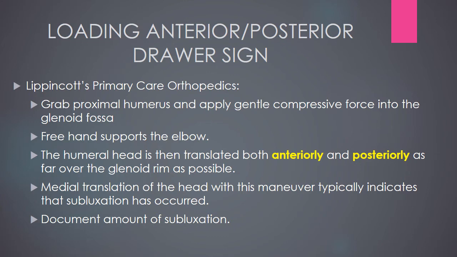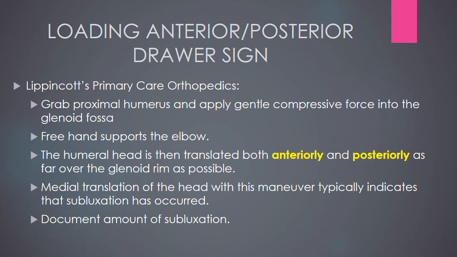Simultaneously, the free hand supports the elbow, and then using the superior hand, the doctor simply translates the humeral head both anteriorly and posteriorly, attempting to sublux the head of the humerus over the glenoid rim as far as possible.